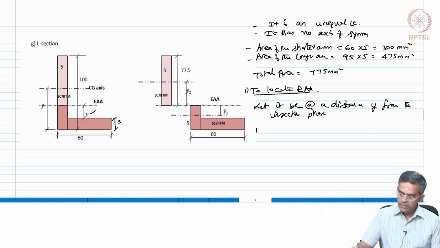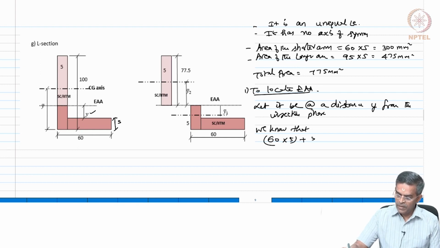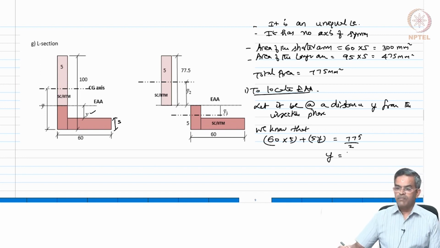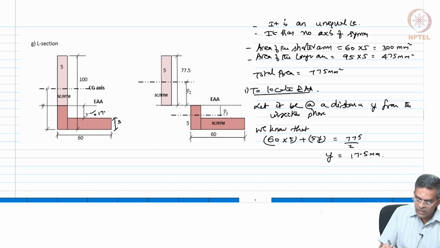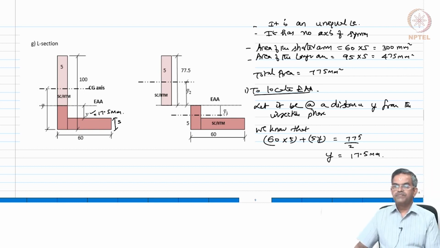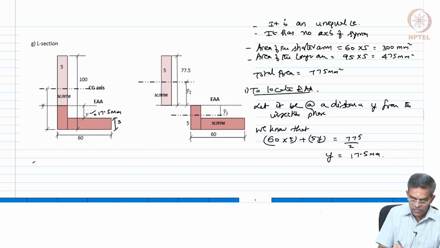So, we know that 60 into 5 plus 5 into y, okay, should be equal to 775 by 2. By this logic, y will become 17.5 millimeters. We can check also.